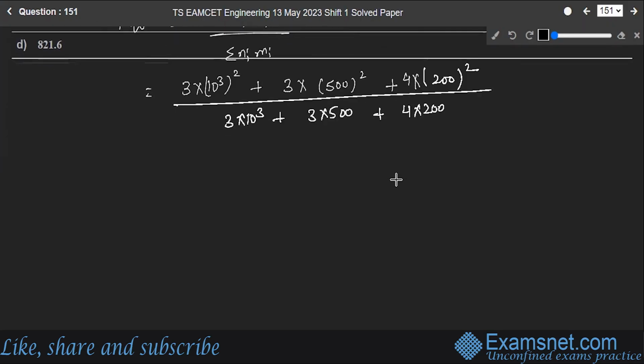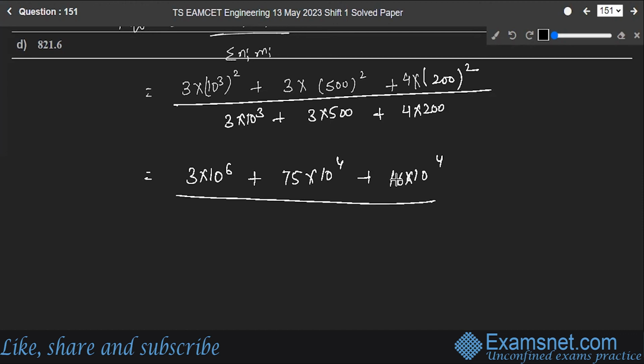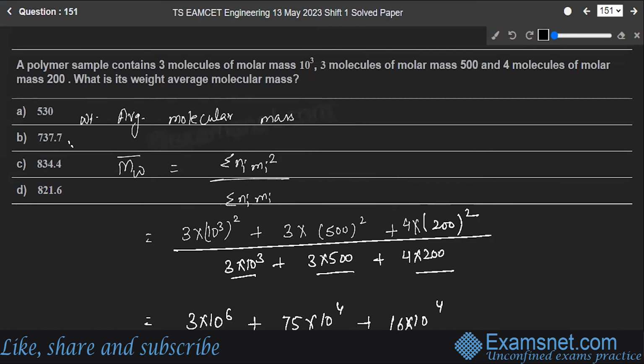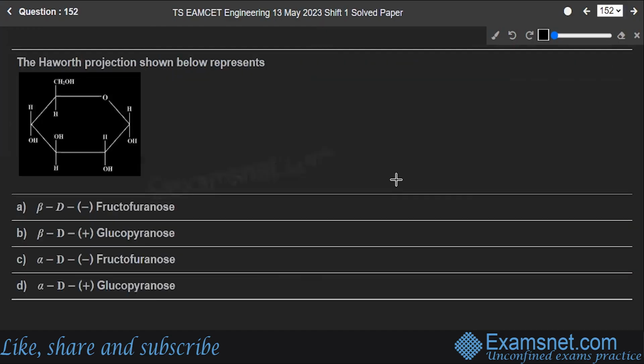So this is equal to 3 into 10 power 6, 75 into 10 power 4, and 16 into 10 power 4, divided by the total of 5300. It was 3000, 1500, 800, which gives a total of 5300. On solving this whole thing, you will get your answer as 737.7. This will give you option B as the right answer. Hope you understood this. Next is question number 152.